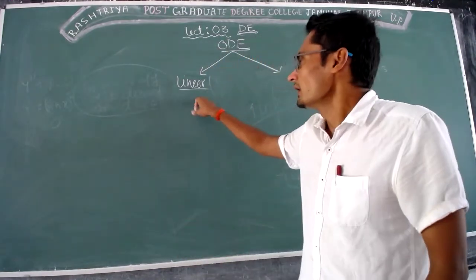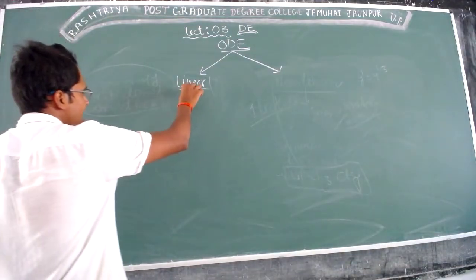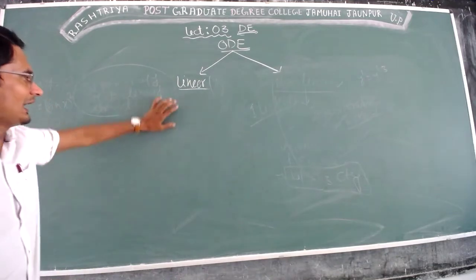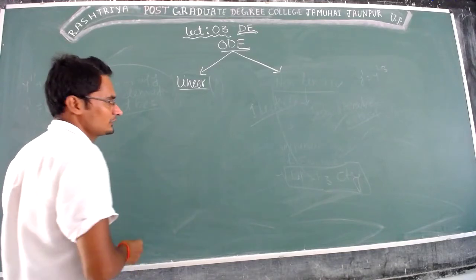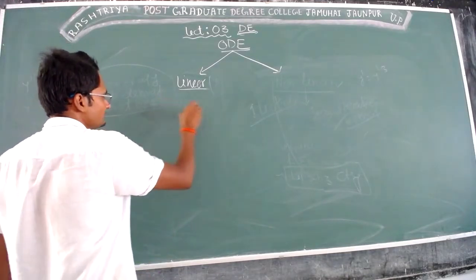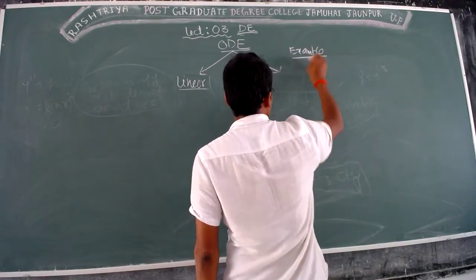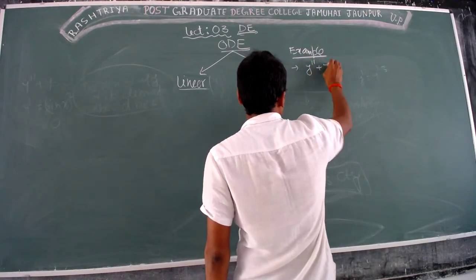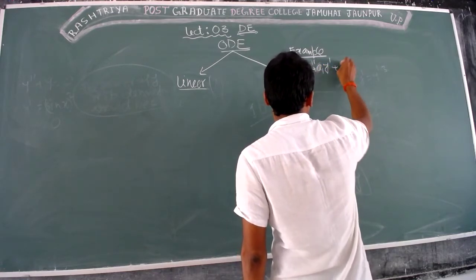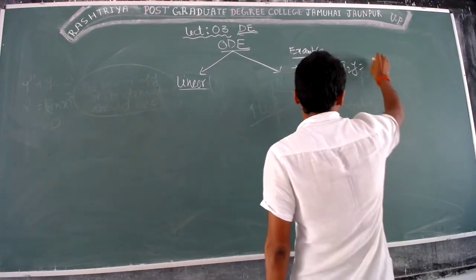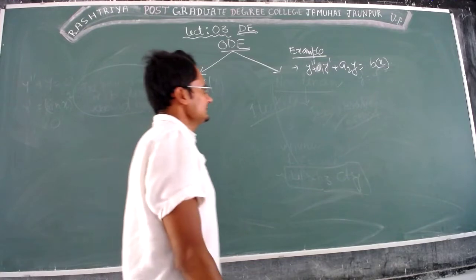To discuss the linear differential equation, let us write an example, using an operator. One example: y double dash plus a1 y dash plus a2 y is equal to some function, say d(x). This is a differential equation.